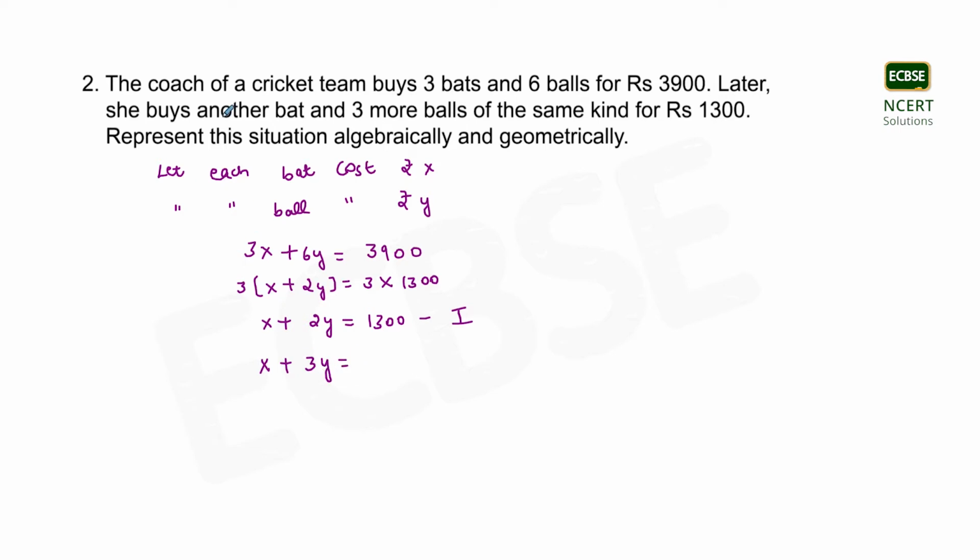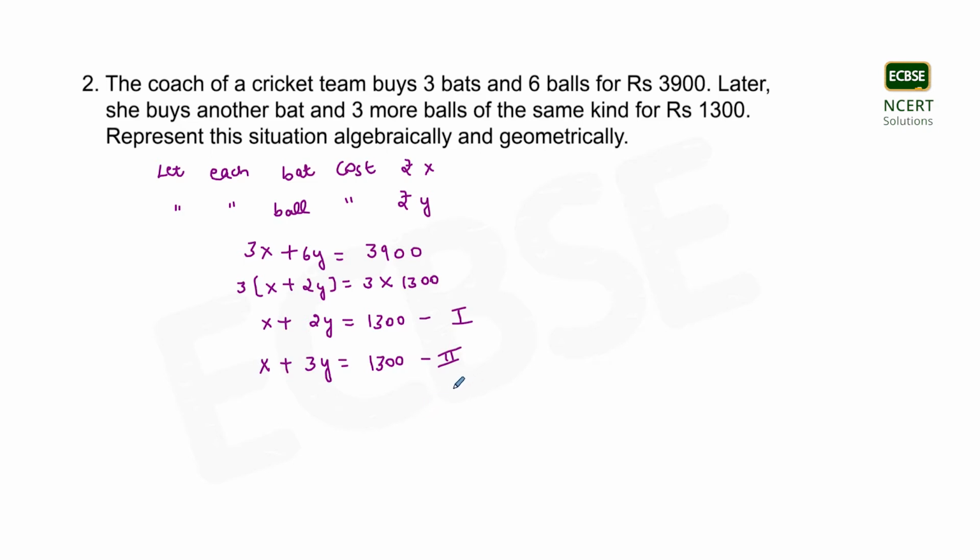The sum of the 1 bat cost and 3 balls equals rupees 1,300. So we can write x plus 3y equals 1,300, and this will be the second linear equation obtained in this question.